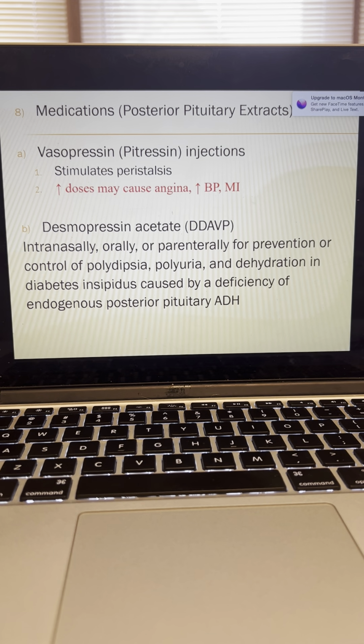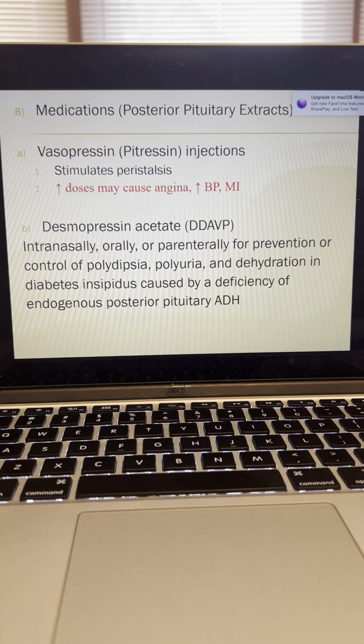So DDAVP, or desmopressin acetate, can also be given for long-term therapy, but it can be given for bedwetting. So these are for children. They take it at night, and it actually shuts down the production, and then they don't wet the bed at night. Now, you wouldn't continue giving it throughout the day because you want them to go back to their normal production and functioning of urinary output.